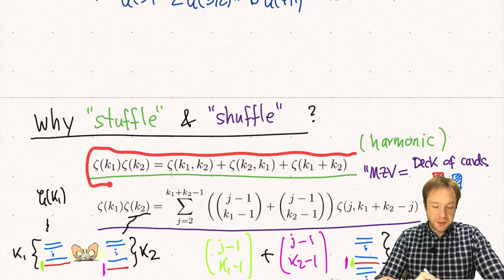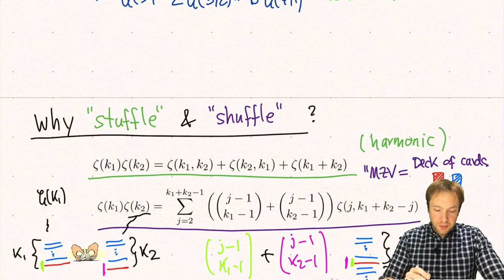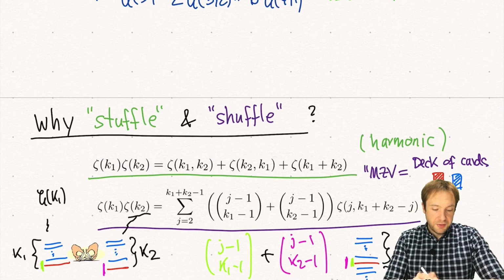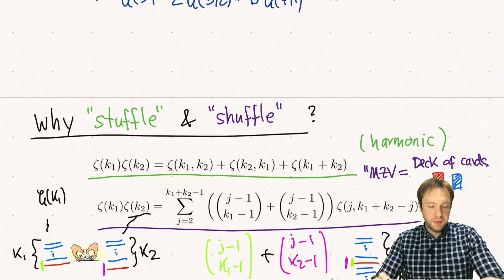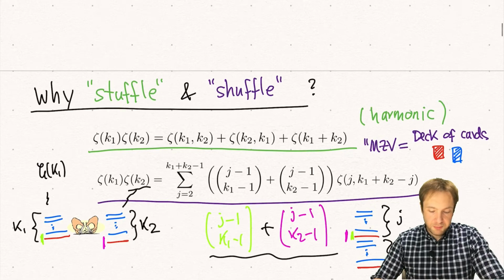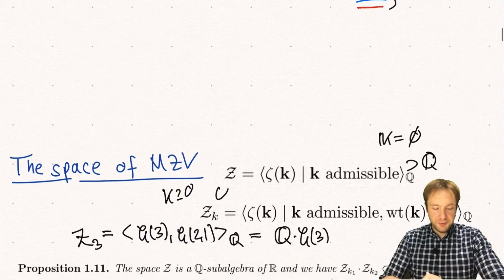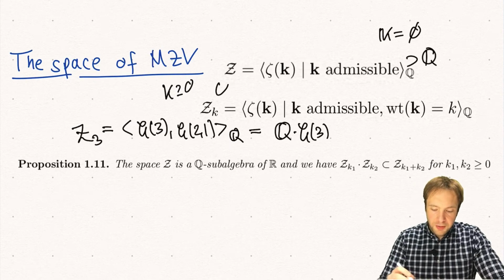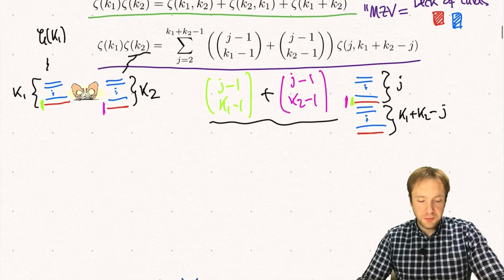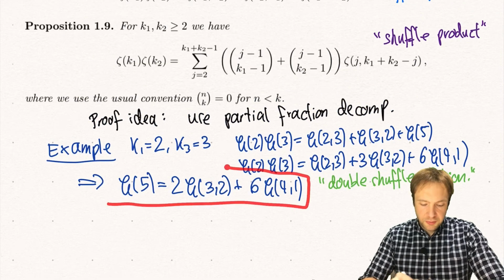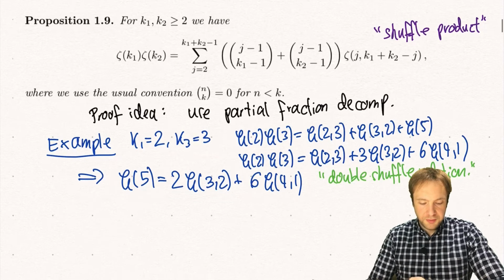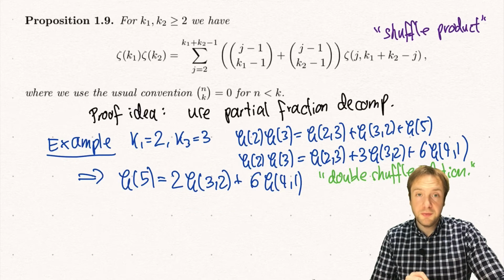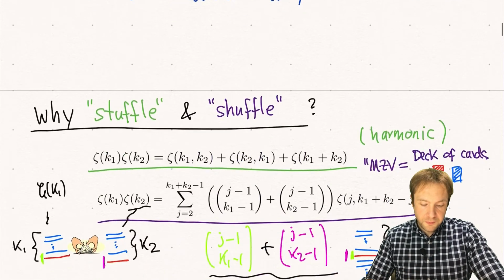This is just a generalization of this idea here, because the way we proved this was just splitting up the summation in this product, and this works in arbitrary depths. We will make this precise later, but maybe you can already believe this proposition now because it's quite simple to prove. And all relations we saw so far, so zeta 3 equals zeta 2,1, and also this relation here, zeta 5, zeta 3,2, and zeta 4,1, all these multiple zeta values have the same weight, in this case weight 5.